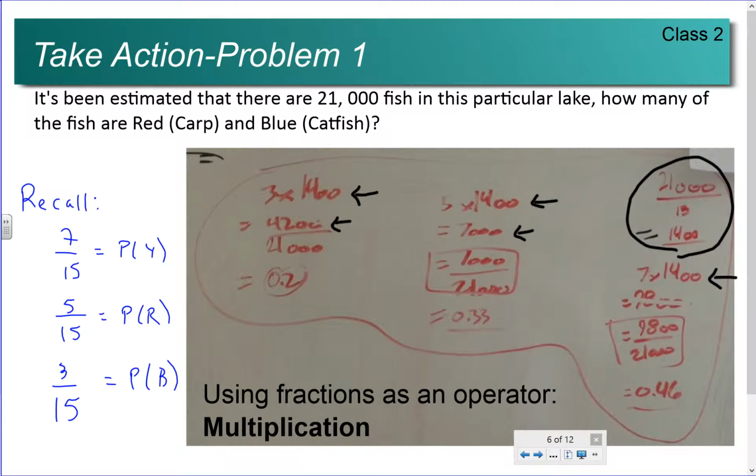So you can also see they went one more step, and what they wanted to do was to determine the decimal ratio. So here's a decimal ratio.